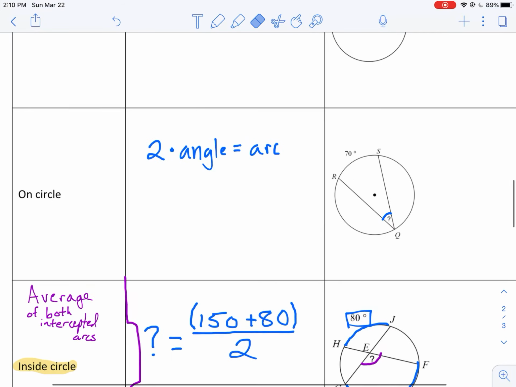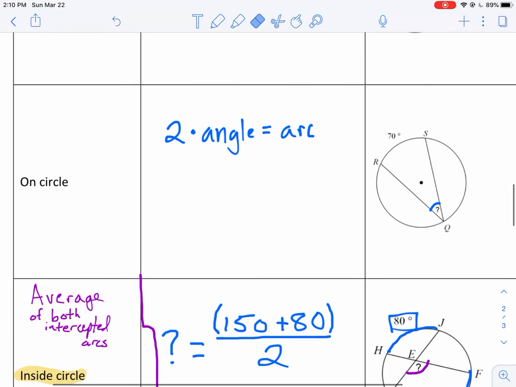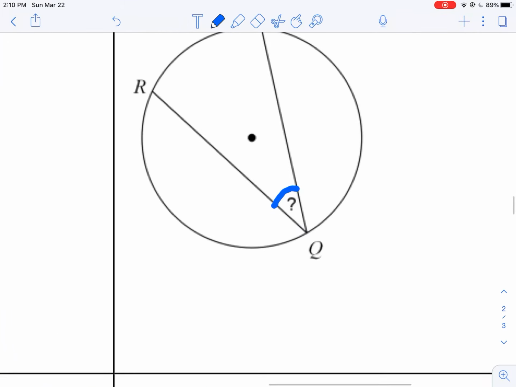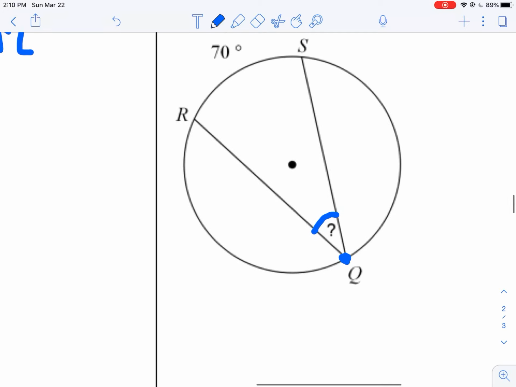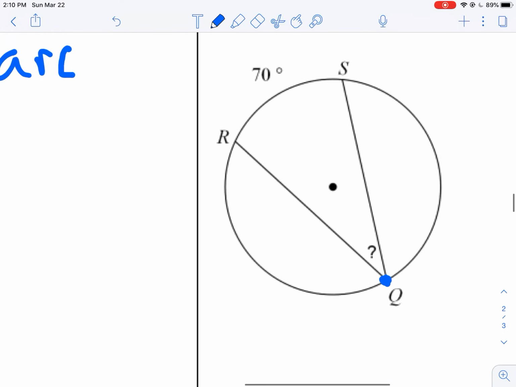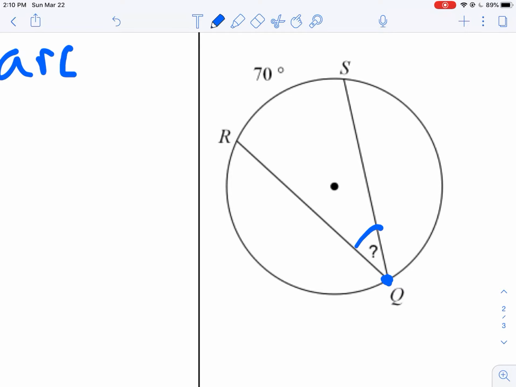All right, first, this is a review. This is something that I'm sure we don't remember by now. But if we have an angle that's on the circle, meaning the vertex is literally on the circle, the angle I've highlighted in blue is the angle we're looking for. The arc is what I'm calling the intercepted arc.